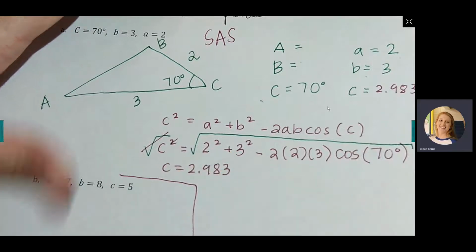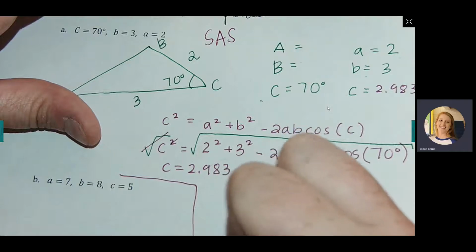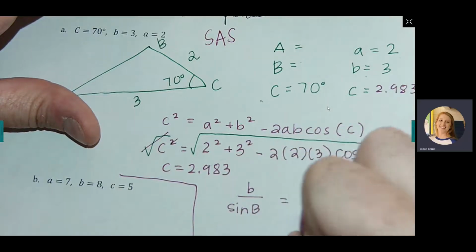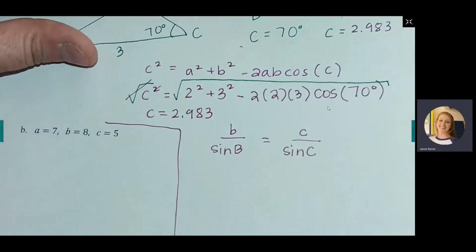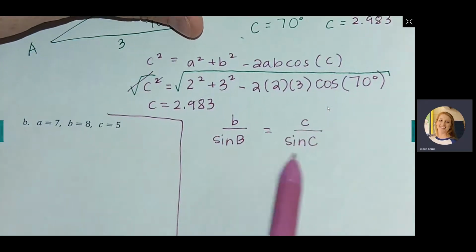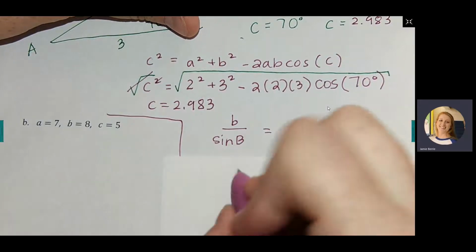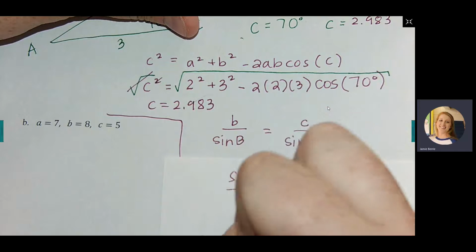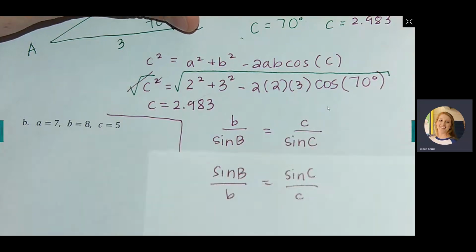All right, so we're going to do little b over sine of big B equals little c over sine of big C. And remember, we talked about with law of sines how you can use this version of the formula, but if you do the reciprocal and do sine of big B over little b equals sine of big C over little c, it's going to give you the same answer.